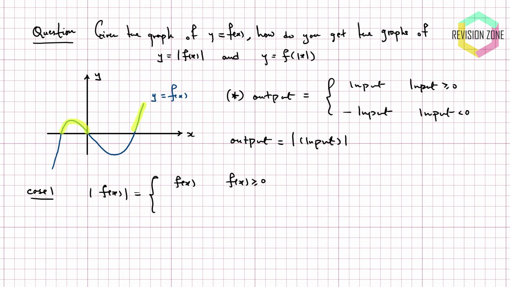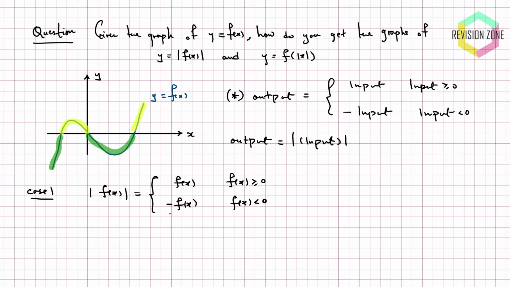However, we're going to go to the other part where f of x is negative and put a negative in front. So this is going to be the case for where f of x is less than 0. So the things that are going to change are everything else. So maybe I can mark that here. That part is going to change and that part is going to change. And how is it going to change? Well, it tells me that I have to put a negative in front.